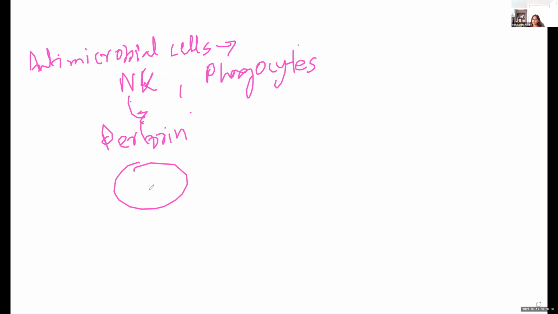Once they have recognized that, this could be a transmigrating virus or it could be a bacteria, as long as it has a different membrane protein, NK cell will recognize it. The idea is it's all about protein, meaning these cells can't just secrete something from a distance. These cells have to bind to the pathogenic cell in order to destroy them.